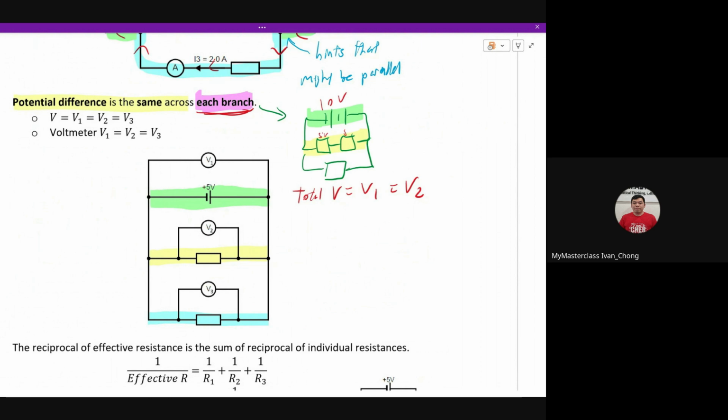If they are not the same resistance, just need to know that they add up to be 10 volts. Just a random number itself, but do take note that this is 10 volts. So it's across the entire branch that it is the same, not for each component. I want you all to take note of that, for the whole branch.